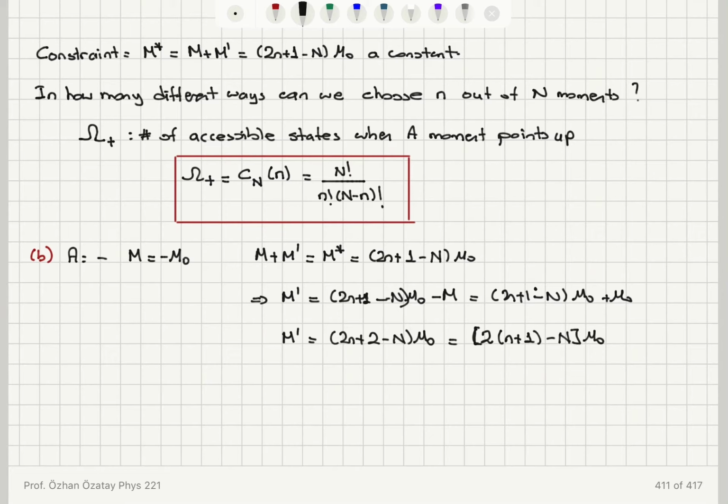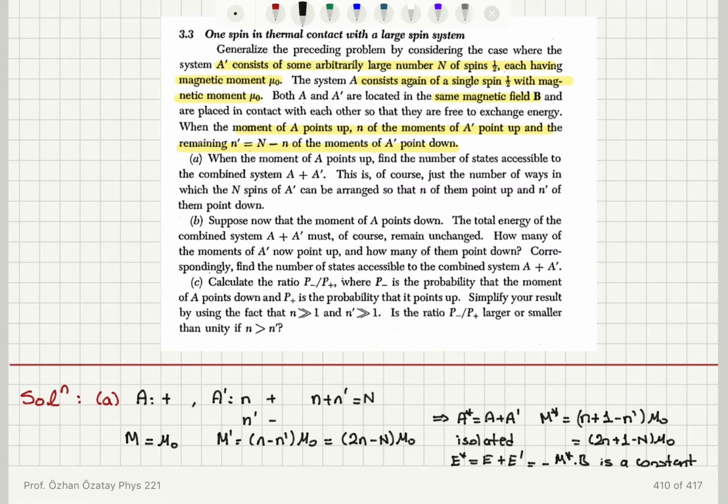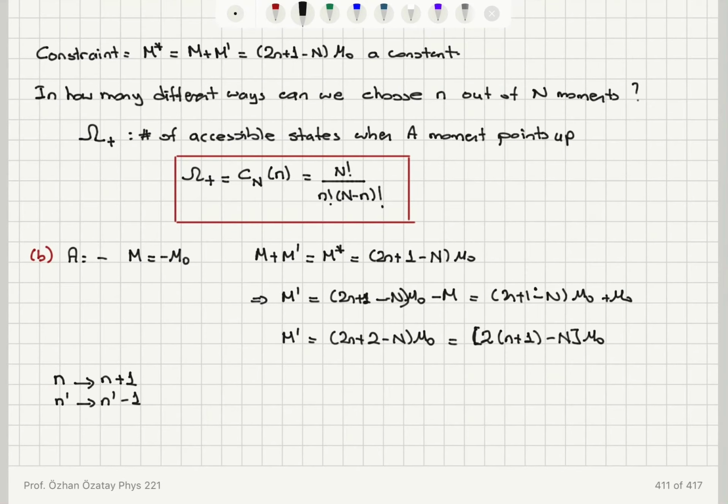So that tells me that the number of up moments n has now become n plus 1, and the number of down moments n prime has now become n prime minus 1. So basically the answer to the question how many of the moments of A prime now point up: now we have n plus 1 moments pointing up.